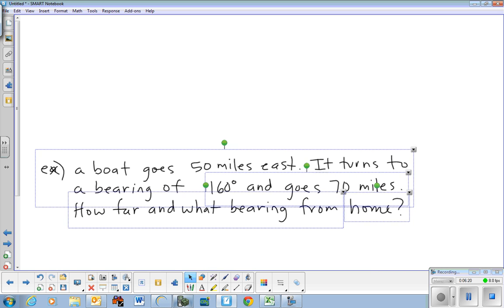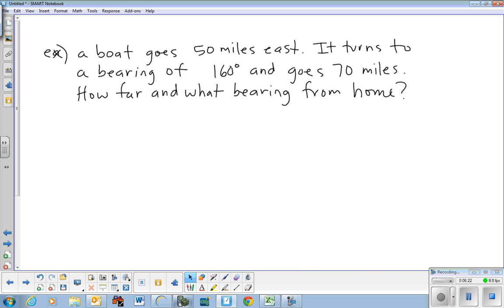Here's our question that we answered the other day by making a triangle and then using the law of cosines. So we still have 50 miles east. And by the way, you can use bearings in this too. It's not that if you're using components you have to use standard position. Then I'm going to go 70 at a bearing of 160.